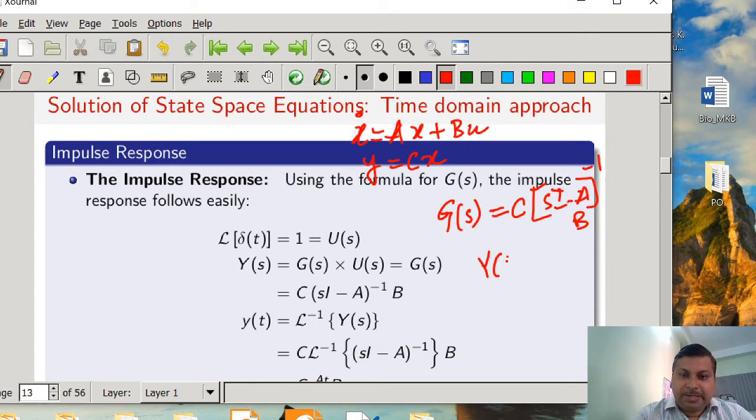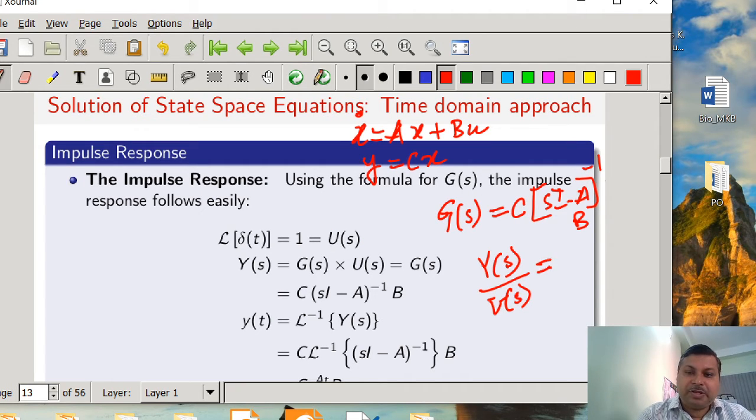G(s) is basically the ratio of the Laplace transform of the output to the Laplace transform of the input, when we assume that all initial conditions are 0, and we know that the Laplace transform of an impulse input is equal to 1. So U(s) is equal to 1.